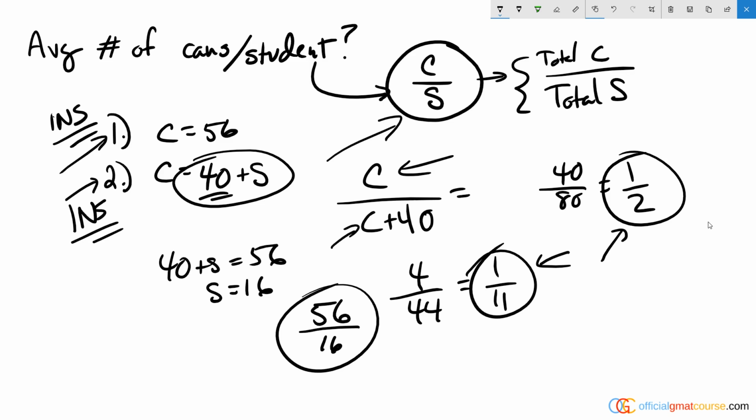So for example, if I have like a 1x to 4x ratio and I add 1 to this side and 4 to this side, I'm still going to have a 1x to 4x ratio because I've basically got 1x plus 1 versus 4x plus 4.